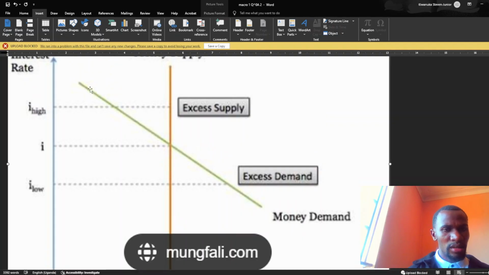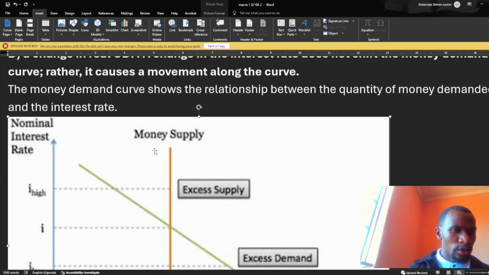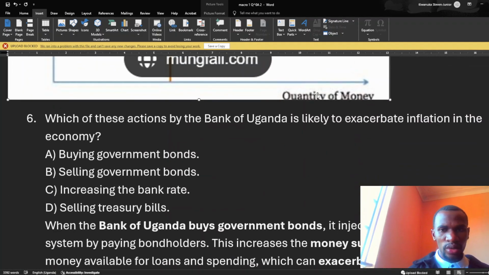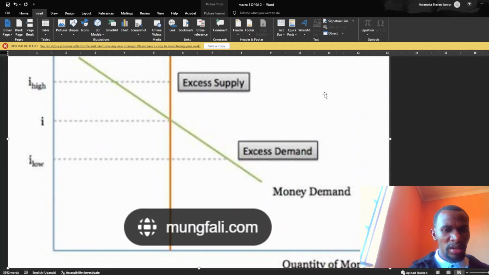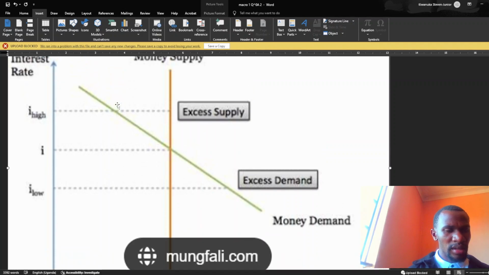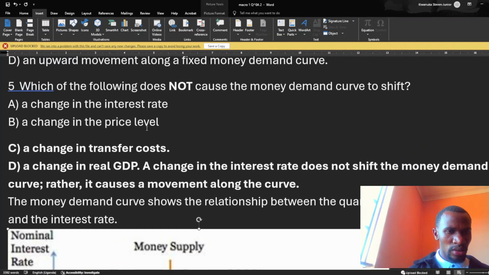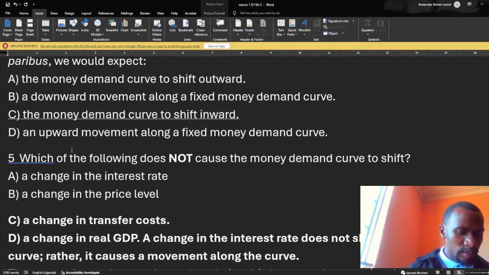So you observe that it is interest rate against the quantity of money. What does that mean? That means that interest rate is not shifting. It is either increasing this side or decreasing downwards, but it is not shifting. And I guess you get that point.